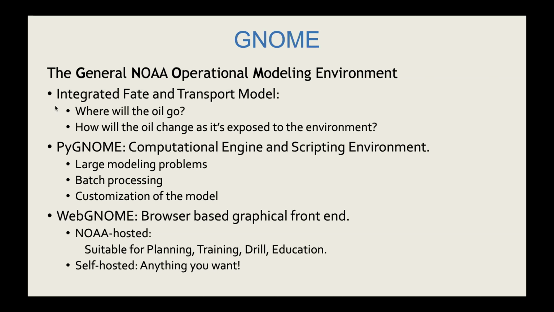This is the computational engine itself, and then it provides a scripting environment. So you can write relatively easily in the Python scripting language. You can automatically run GNOME. You would want to do this if you're a programming geek, but also if you have large modeling programs, or you want to do batch processing, or indeed, if you want to customize the model itself, then you can get in there and do that.